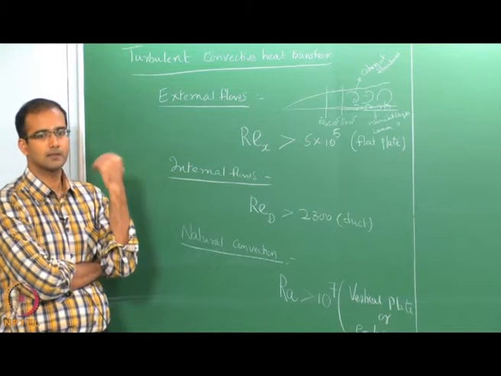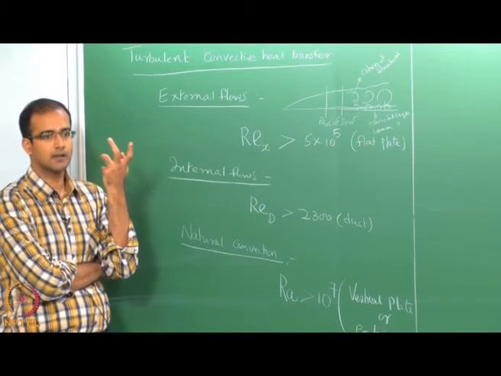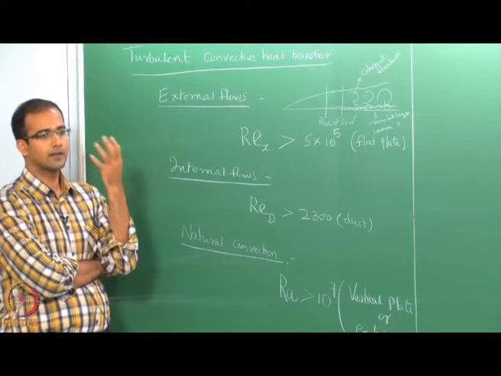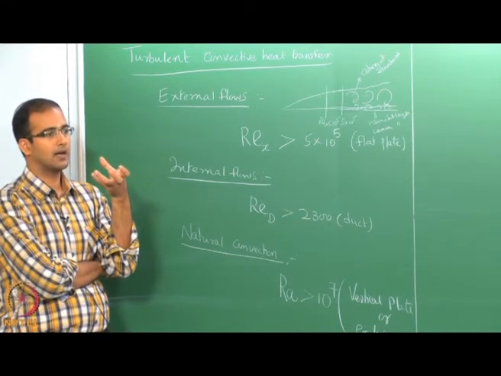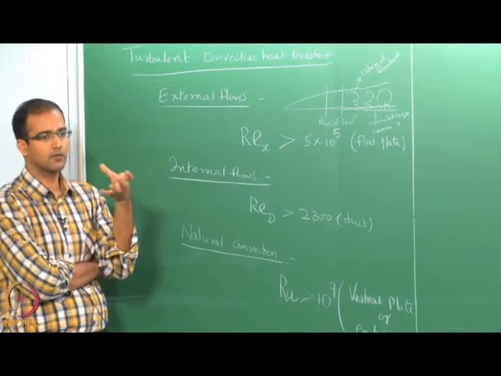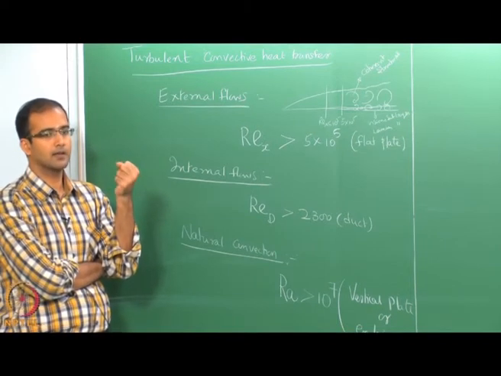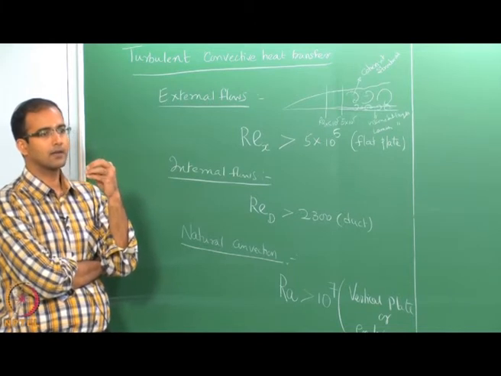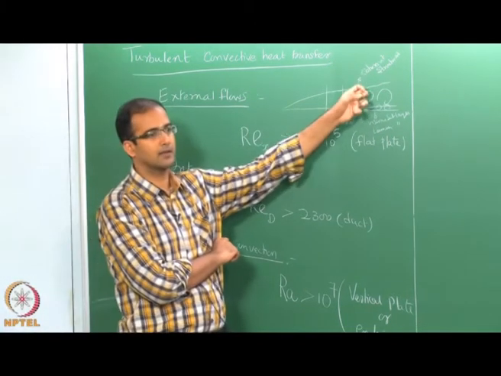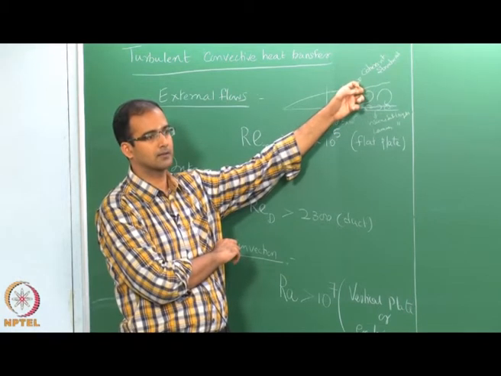Outside this it is all turbulent, and the turbulent motion will dictate the velocity profile, temperature profile, and the characteristics of the flow field and temperature field, okay. So, the effect of molecular viscosity and thermal conductivity will not be significant outside the viscous sublayer, okay.